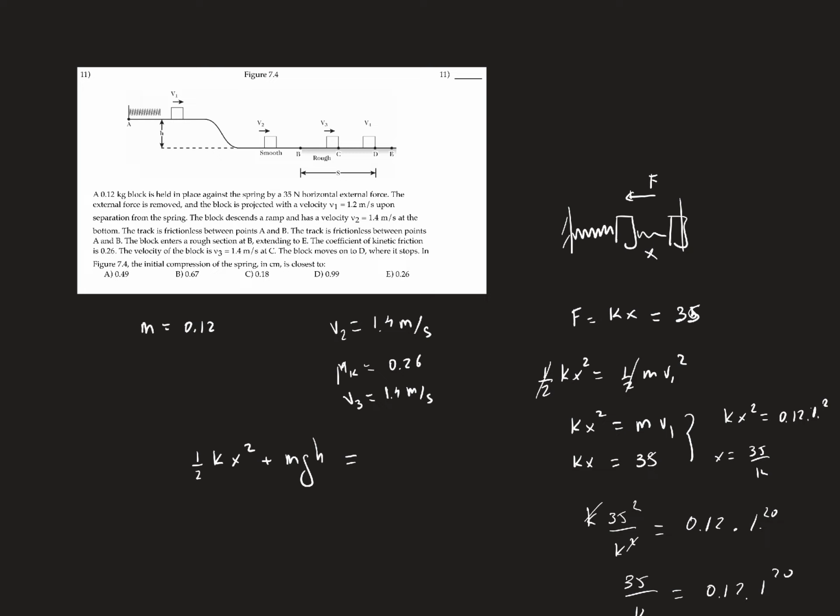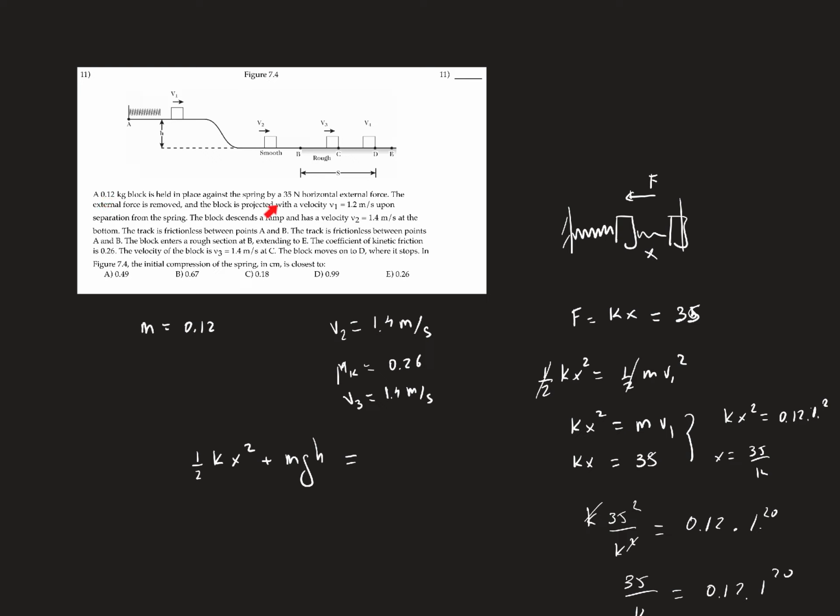In some way you liberate the spring, so the spring will decompress, and the potential energy that the spring has will be given to the mass m. So it's a 0.12 block.